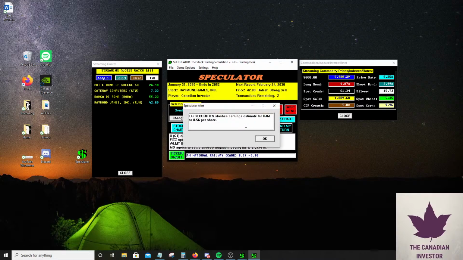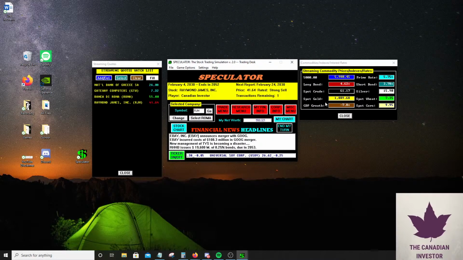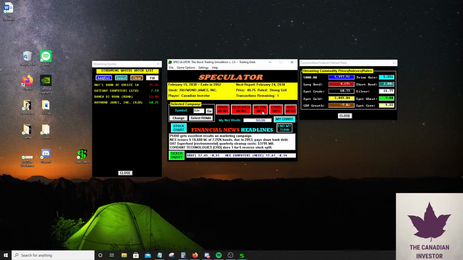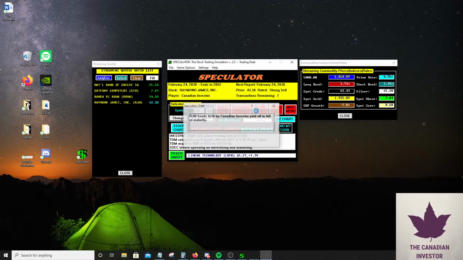Let's go. And our borrowing cost for that margin loan should be going down. So that's potentially a great idea because, interesting. RGM paid investors in full at maturity.